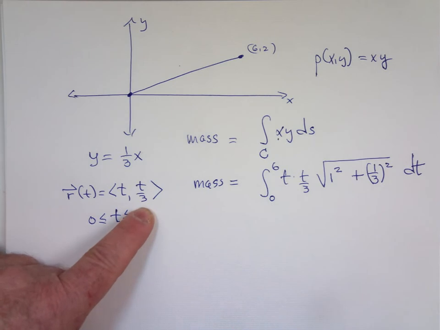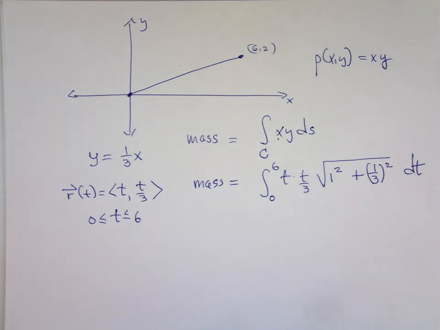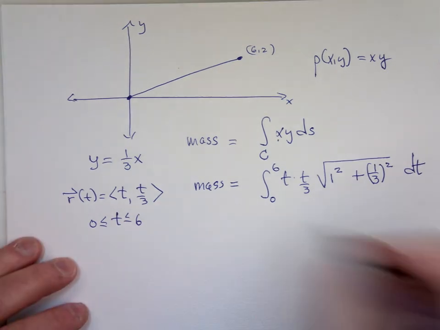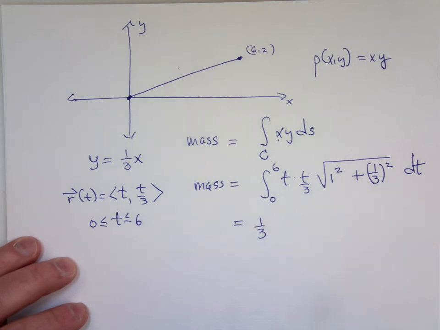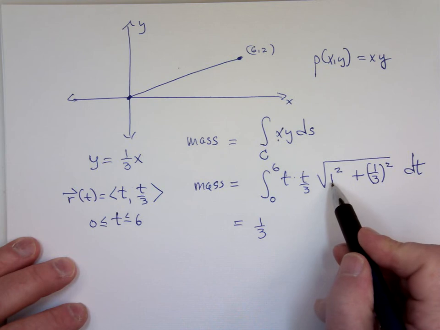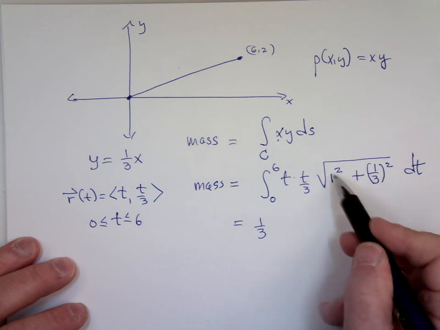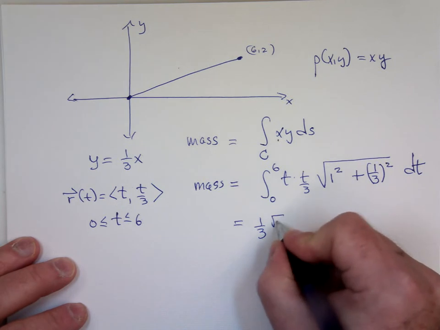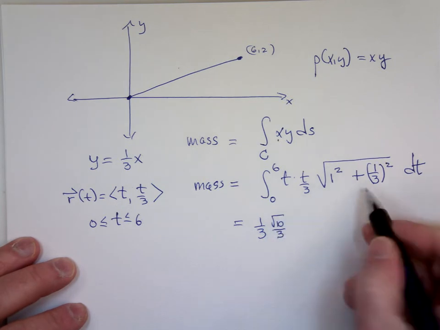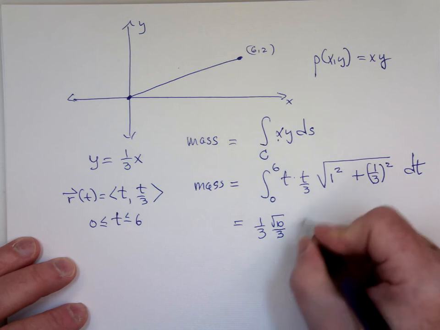Okay? That gives us a 1/3 to come out front. The square root, this is 1/9, this is 9/9. That's the square root of 10/9, the square root of 10 over 3. We're taking the square root out. I'm left with the integral of t squared dt.